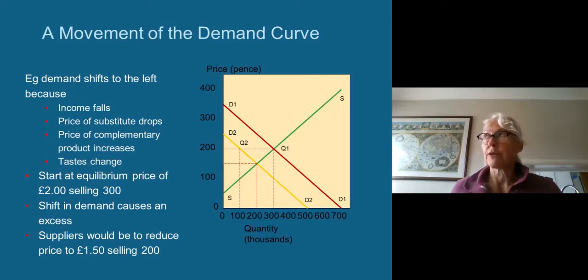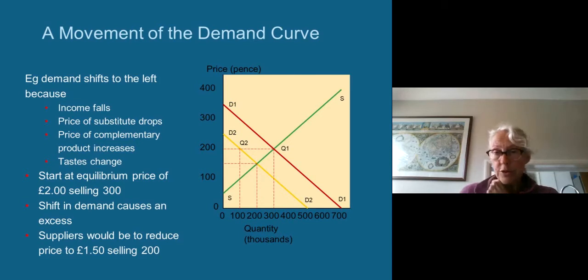So for instance, you have a competing event which suddenly costs less, and then you would see your demand drop, or the price of a complementary product increases. So maybe there's an increase in tax on alcohol, and that raises the price of actually having alcohol, which is often a complementary product at many events, and that changes things. And also things like taste change, so something goes out of fashion.